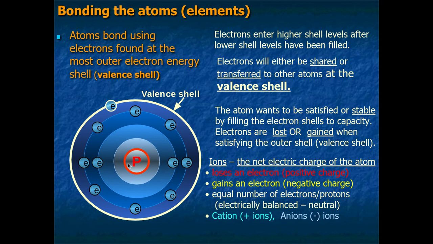That's when we say that it loses an electron, but it's more positive, and we would call that a positively charged ion. On the other hand, if this particular atom gained several electrons to satisfy that rule of 8, then it would now be more negative.